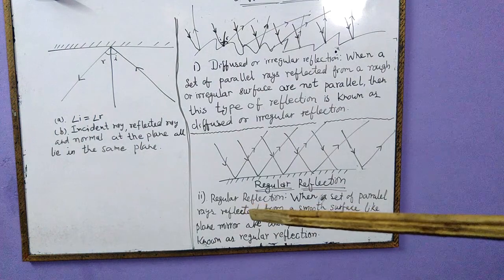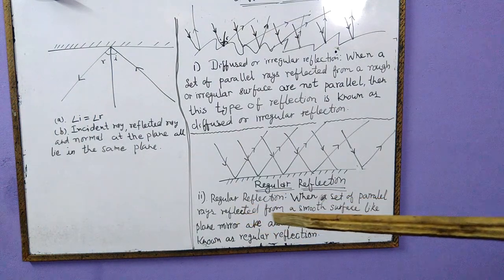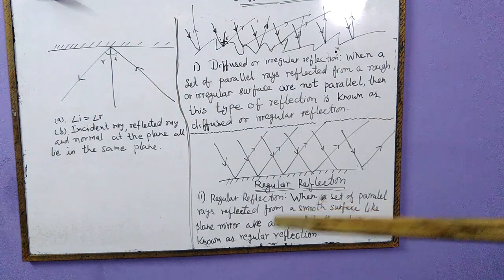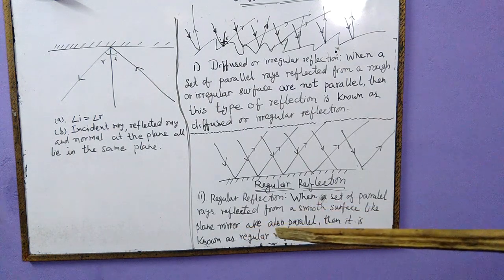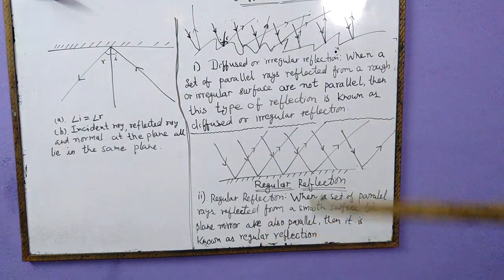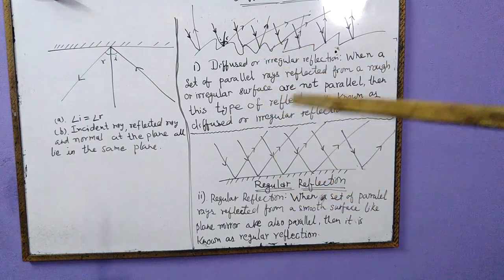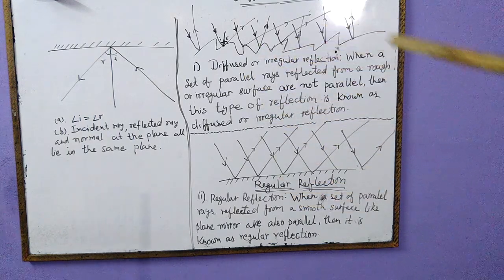Let us read regular reflection. When a set of parallel rays is reflected from a smooth surface like a plane mirror and the reflected rays are also parallel, then it is known as regular reflection. This is an example of regular reflection, and this is an example of irregular or diffuse reflection.